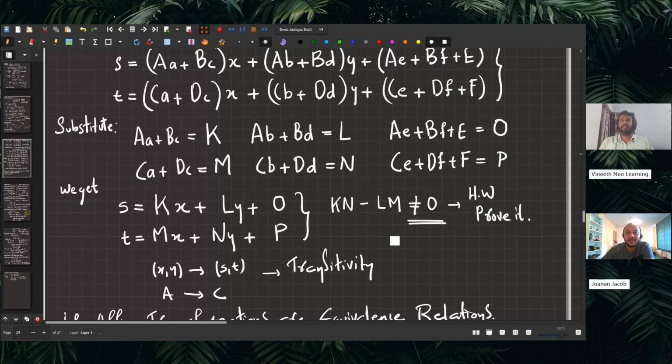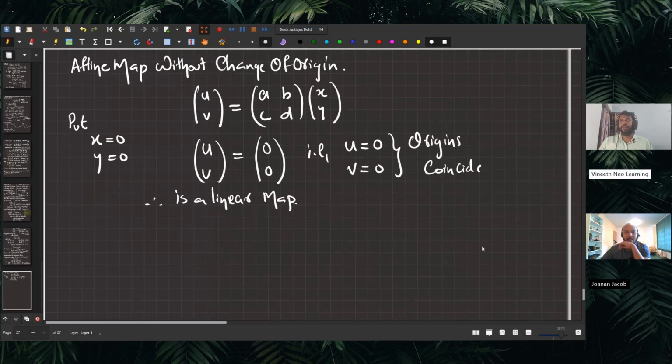That's what we should prove in order to show that the transformation between xy to st is an affine transformation. These are the transformation equations, and for them to be an affine transformation, the determinant kn minus lm should not vanish. So we will do that today.